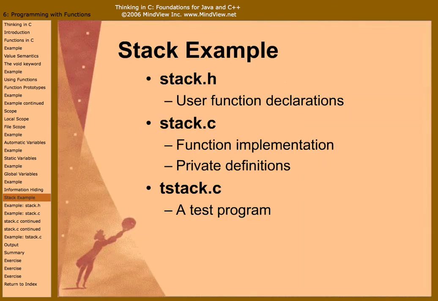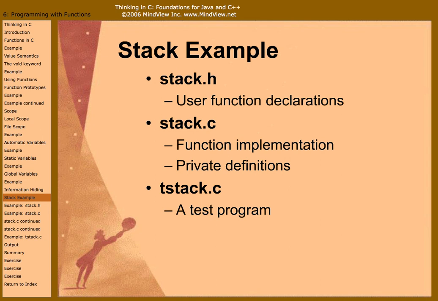This next example, which takes up several slides, is going to illustrate this idea of information hiding and how useful it can be. What we're going to do is implement a stack. A stack, of course, being a last-in, first-out sequence. And the way we are going to lay this out is in separate files. Stack.h will have the declarations of the functions that do the work.